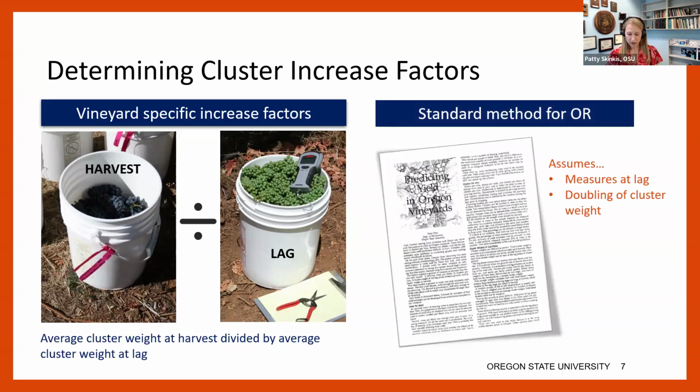Now, for most growers in Oregon, they use what we call the Oregon method of doing crop estimation and increase factors. This is a practical vineyard and winery article that was written by Steve Price a number of years ago. He was working in viticulture extension and developed increase factors for Chardonnay and Pinot Noir. And that became the standard for how growers do crop estimation.